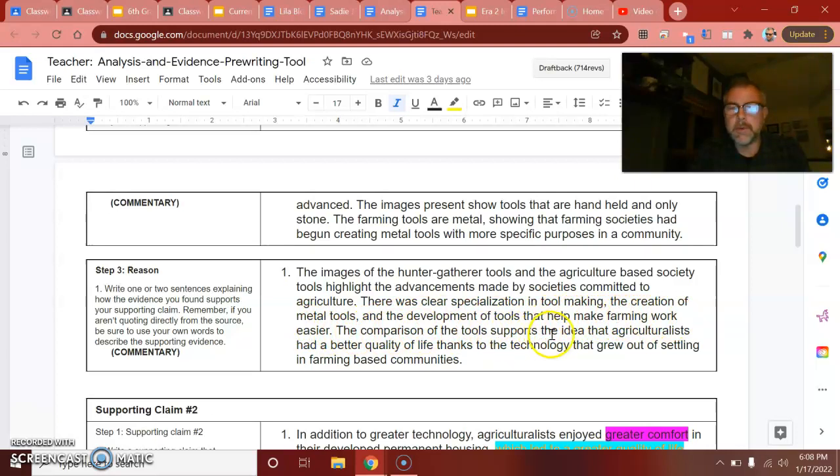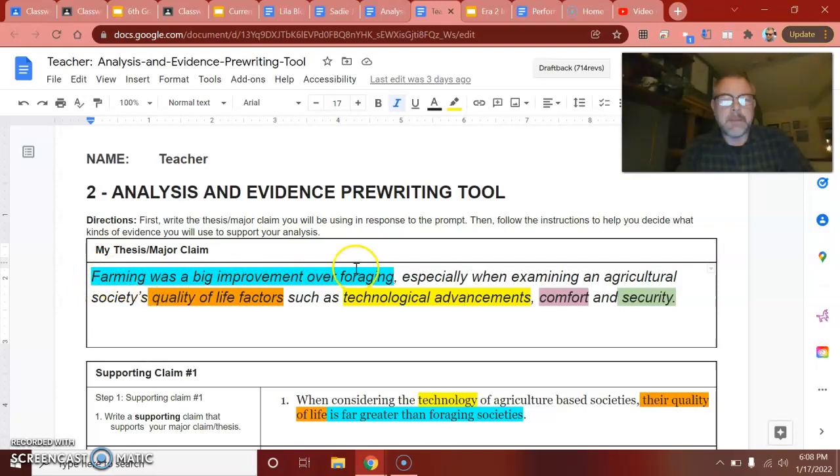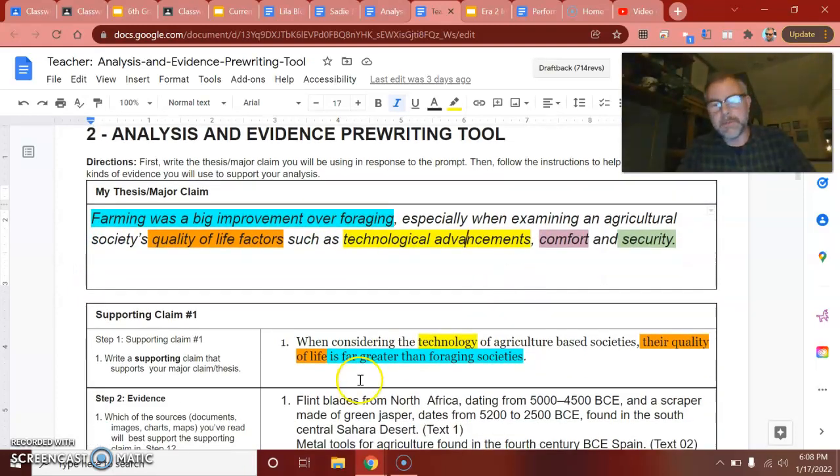The comparison of the tools supports the idea that agriculturalists had a better quality of life thanks to technology that grew out of settling and farming-based communities. So I'm working my reasoning to explain why the analysis of these tools ultimately supports my major claim. Well, it supports my supporting claim, but also my major claim.